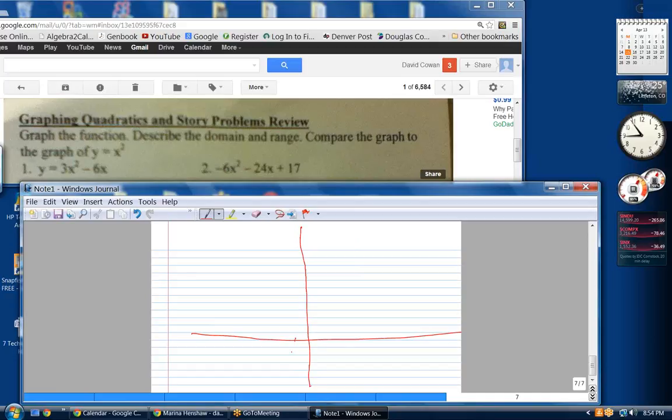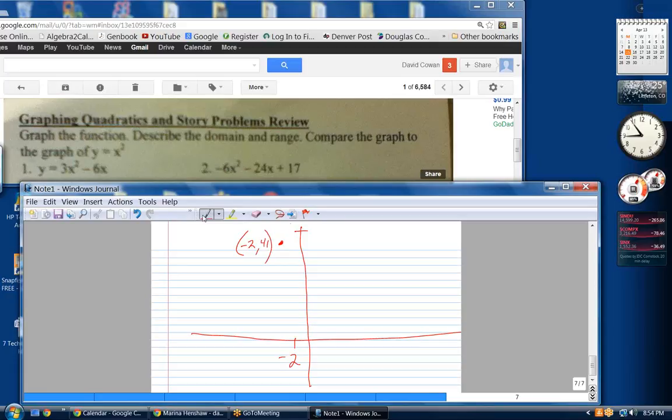Here's negative 2, here's 41 up here. So I'm going to say there's my vertex. Coordinates on that vertex are minus 2, comma 41. Okay, you with me?